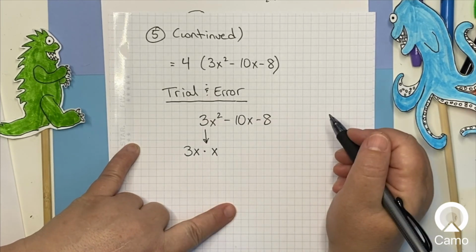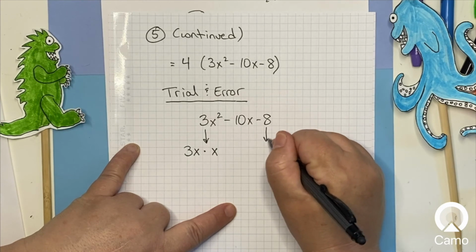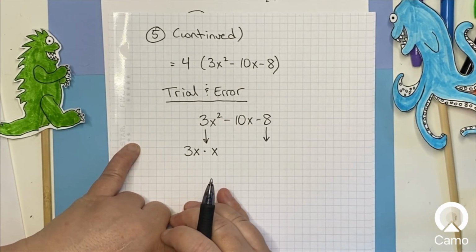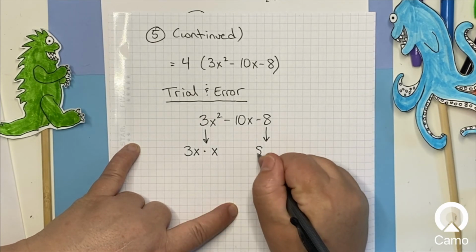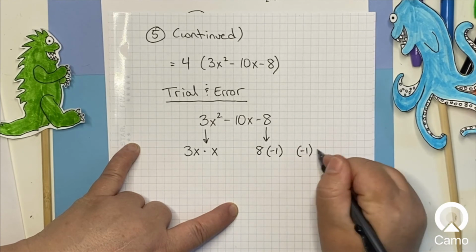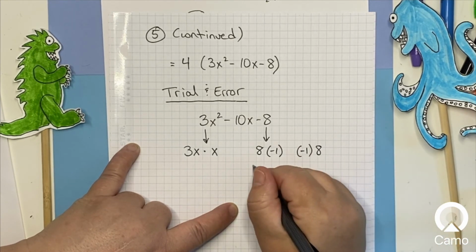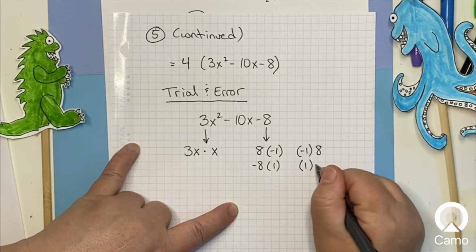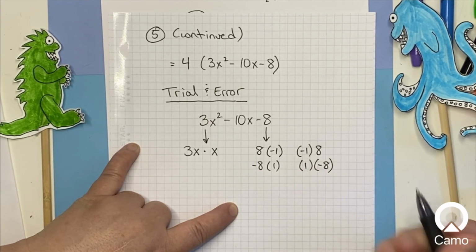Now, over here, -8. -8 is a bit more of a pain because it's negative. So let's talk about the ways we can set this up. I could have 8 times -1, or I could have -1 times 8. I could have -8 times 1, or I could have 1 times -8.